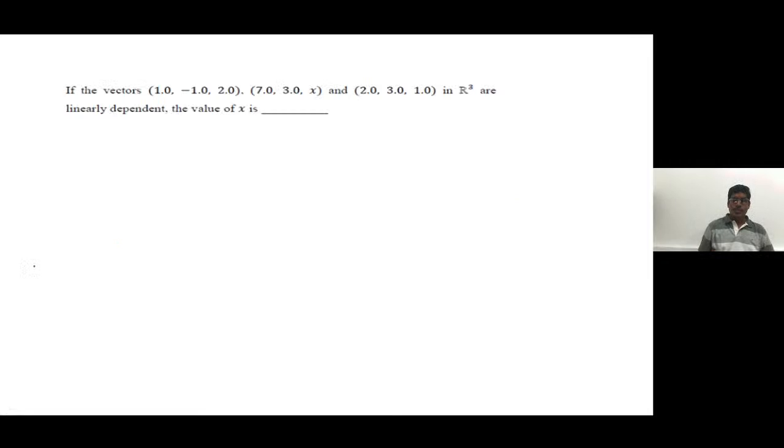So the next question: the 3D vectors given, 3 dimensional, 1.0, minus 1.0, 2.0, and 7.0, 3.0, x, and 2.0, 3.0, 1.0 in R cube. So what is R cube? 3 dimensional vectors. All these are row vectors given, in row direction, and they are linearly dependent. Then the value of x is. So what is the procedure?